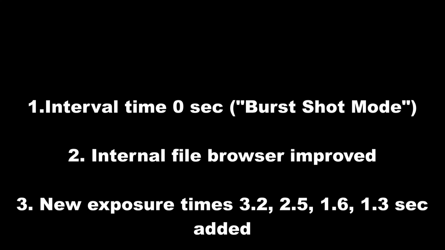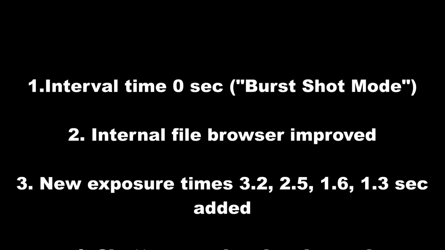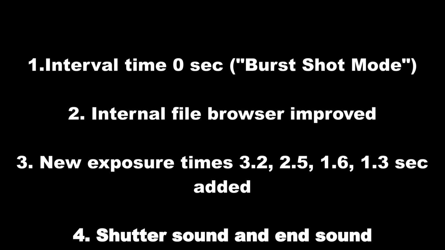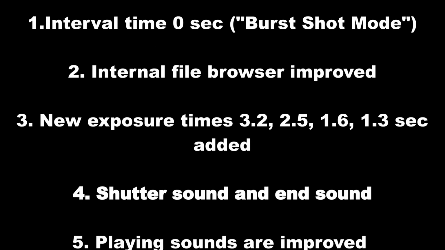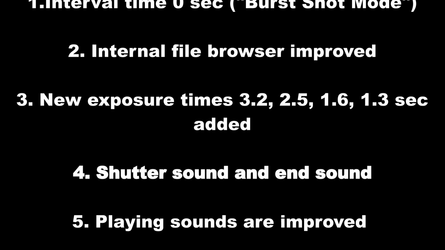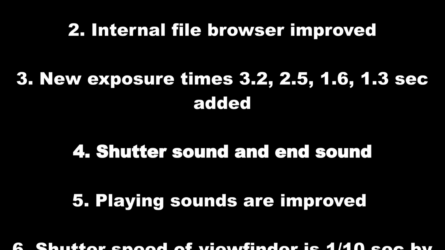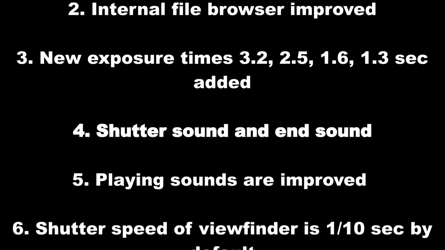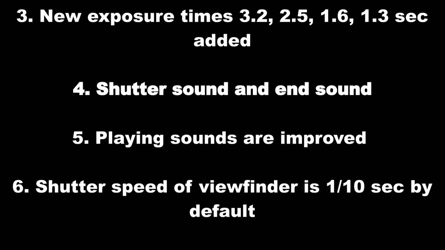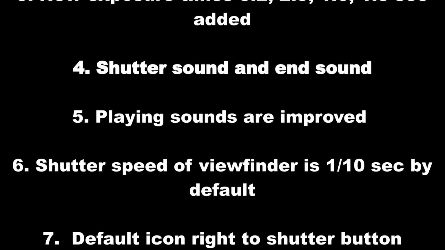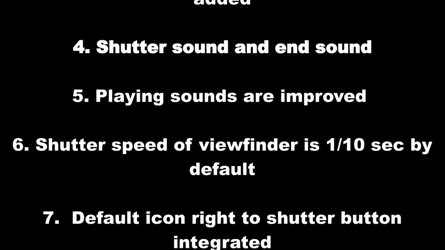I've improved the internal file browser. You can now zoom into images, you can delete files, and the internal file browser is a universal navigation tool. I've added new exposure times to the exposure time spinner. The shutter sound and the end sound can now be activated and deactivated totally independently.